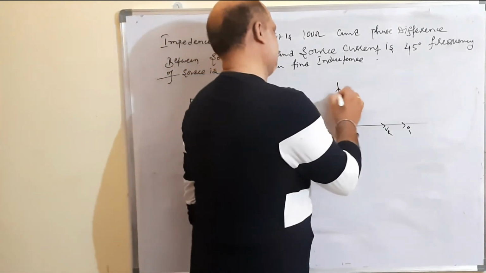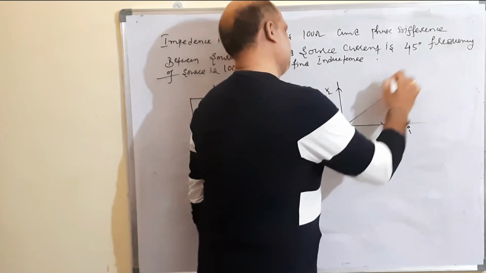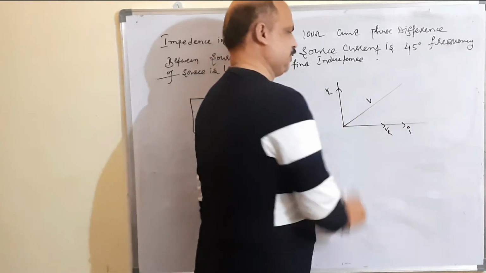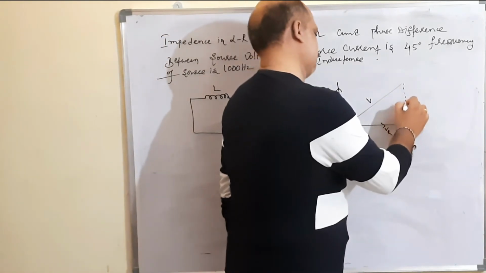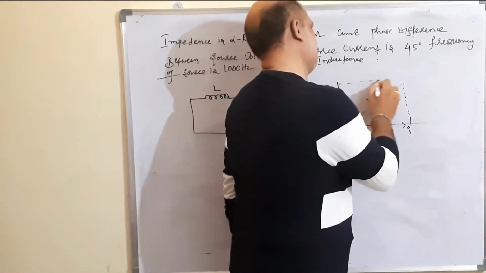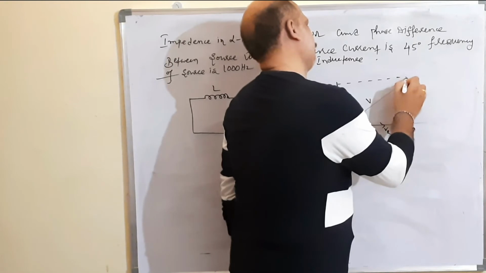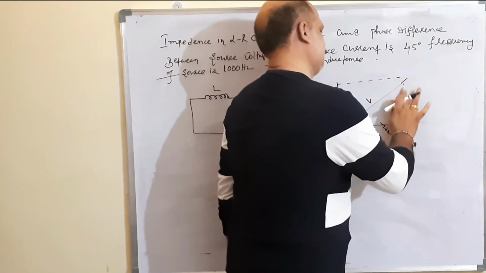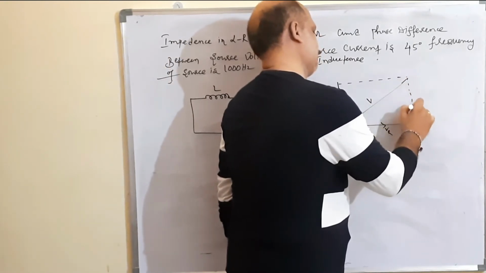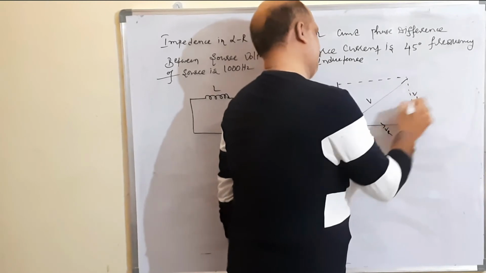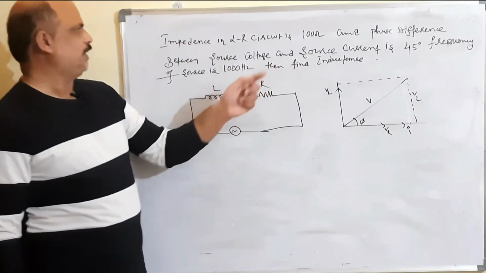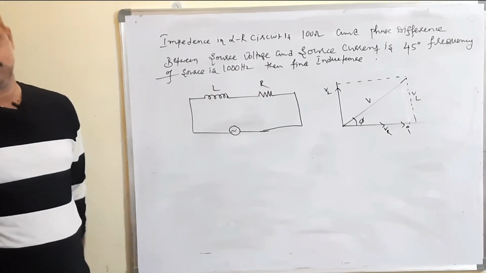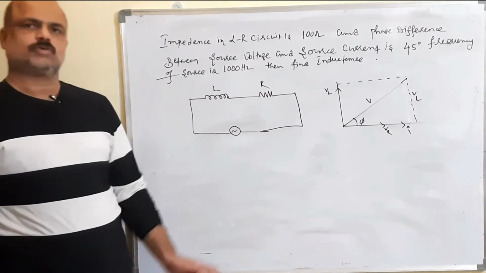So this is VL and this is total voltage V. So here this is the phasor diagram. This is also VL and this is phi. Phi is nothing but the phase difference between source voltage and current.